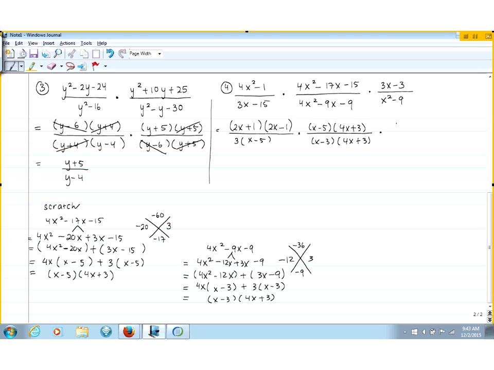So 3x minus 3, any common factor? 3 times x minus 3, divided by x squared minus 9. What is x squared minus 9? x plus 3, x minus 3.